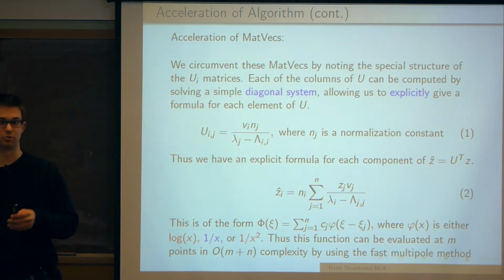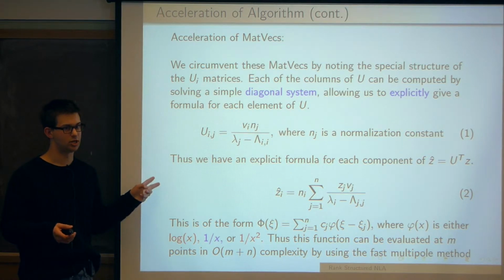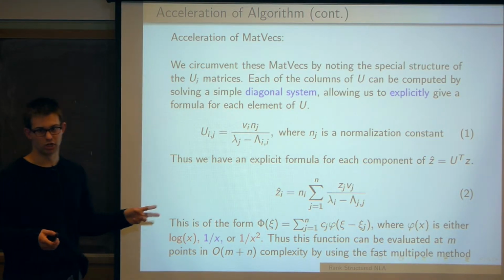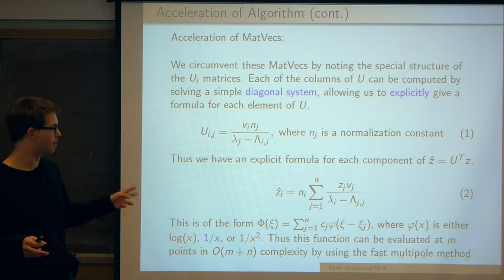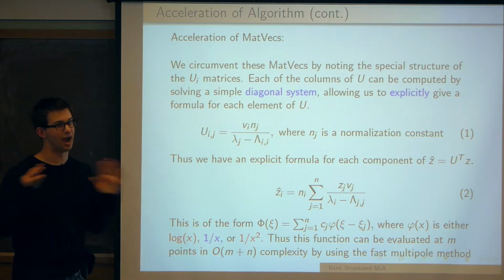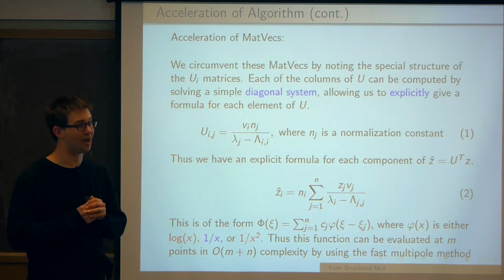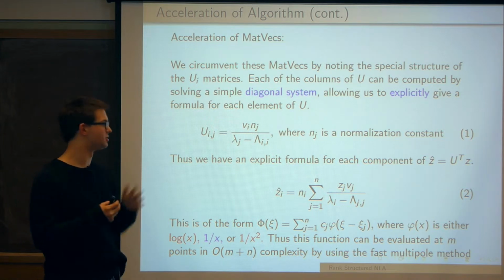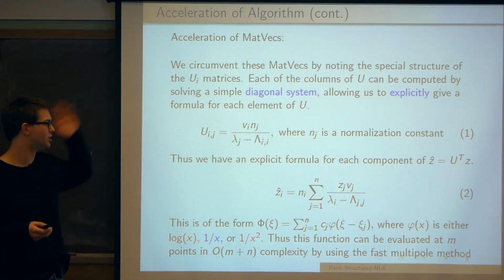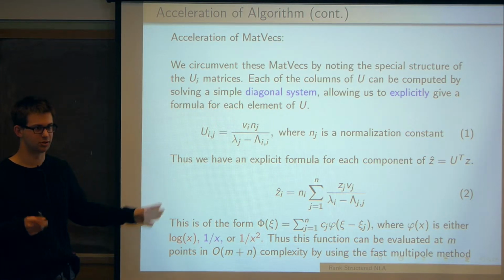We do a lot of matrix vector products, but as I said, it can be proven that the eigenvector matrices here are all Cauchy-like. So all our eigenvector matvecs can be done using the fast multipole method, which I don't have more time to talk about, but I highly recommend you all read more about it. There's going to be another talk about it. This is a very, very important algorithm, and I use it in 6 different places in this algorithm with 3 different kernel functions.